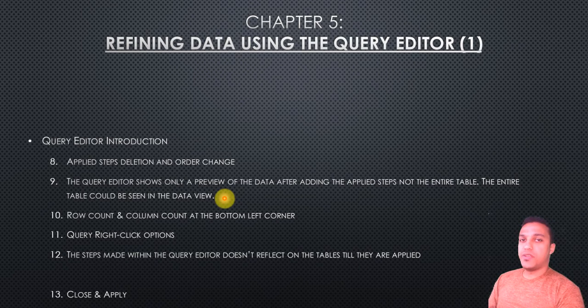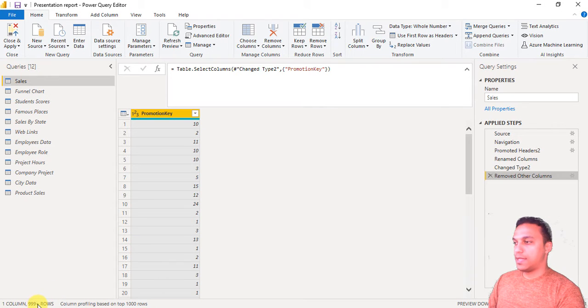Let's go back to the query editor to figure out what that means exactly. So over here, it's showing that that table has 999 rows. This is not actually the number of rows we have on the table. This is just the number of rows shown on the preview for the table.